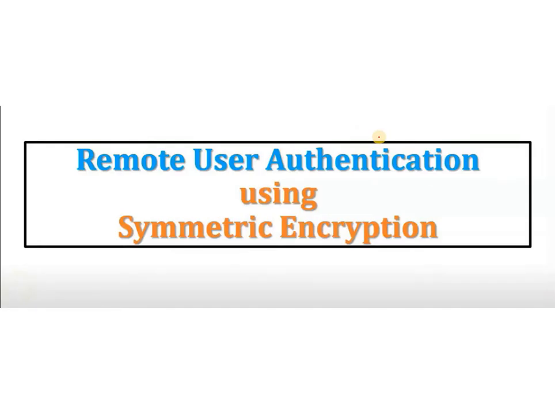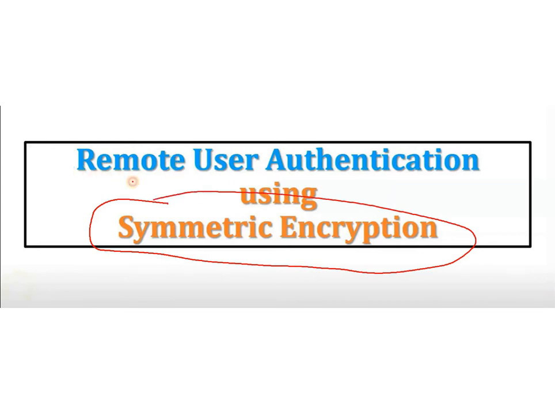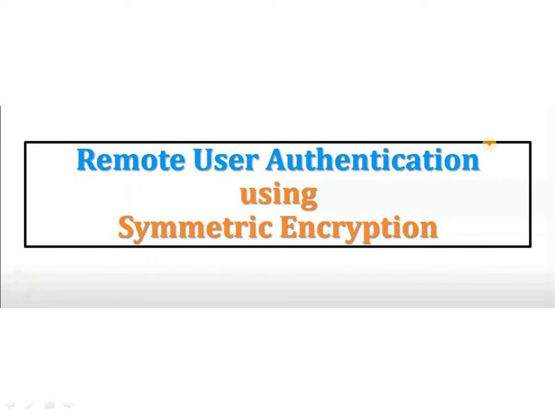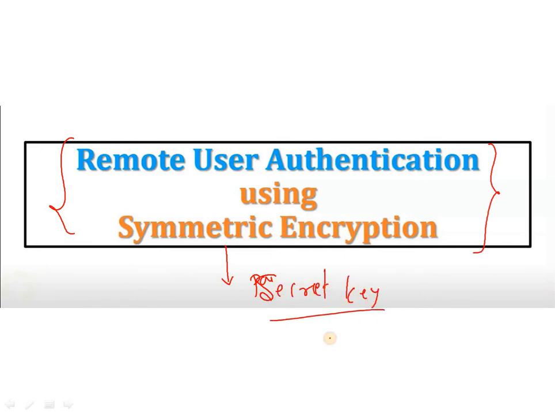So let us study remote user authentication using symmetric encryption. Just now we have seen what remote user authentication is. Now, if we want to do remote user authentication using symmetric encryption, how will we do it? In symmetric encryption, we generate secret keys of the sender as well as the receiver.